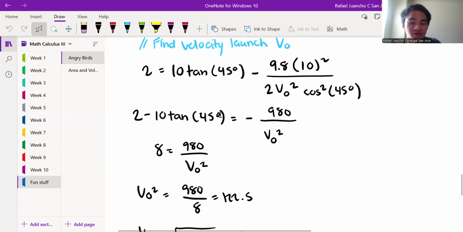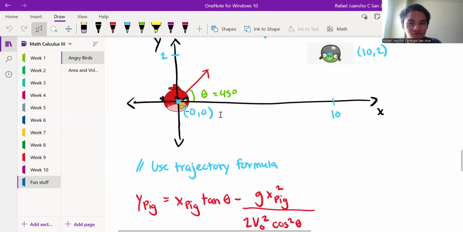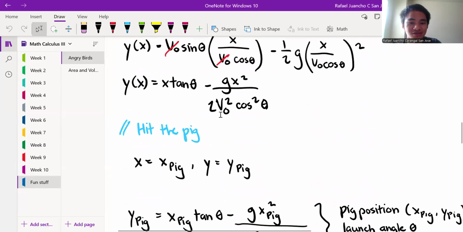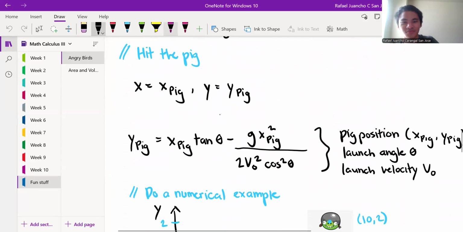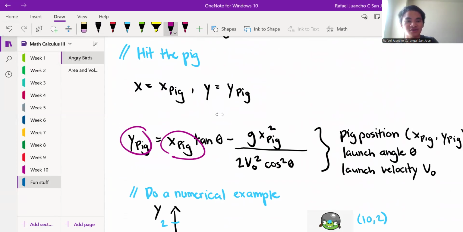At the end we were able to find a formula. We're given the coordinates of the pig, x pig, y pig. We need to launch our bird at a certain angle and at some initial velocity.